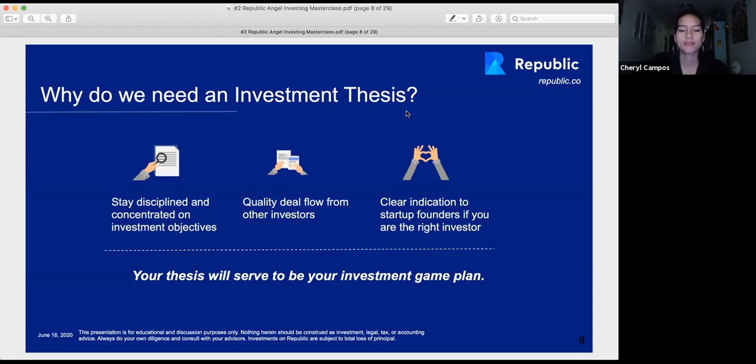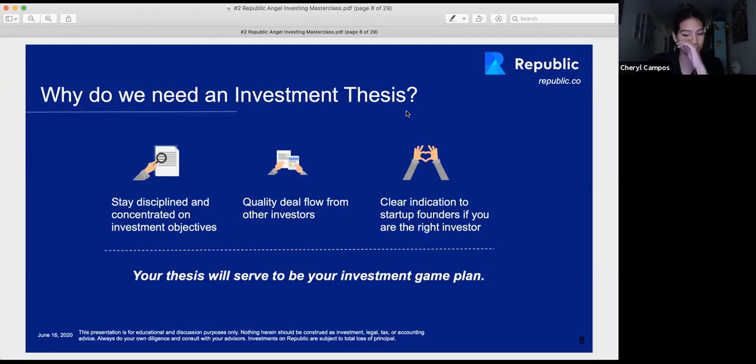That's something to keep in mind. Last but not least, it's a clear indication to startup founders that you are the right investor. As I previously mentioned, you want people to pick you to be on their team as an investor and be part of their cap table.